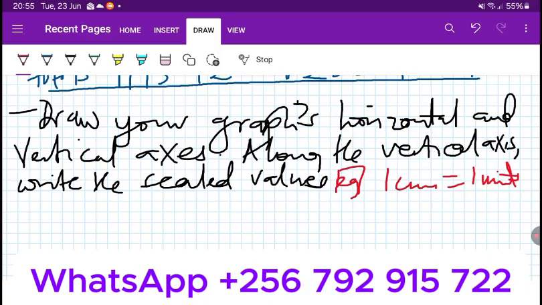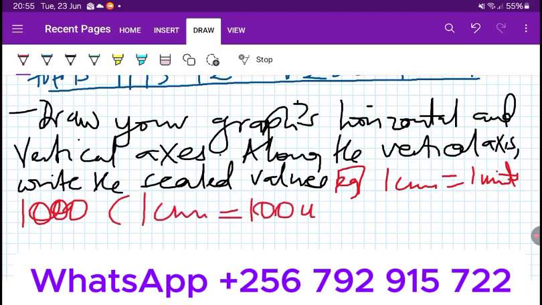But the moment you find that the numbers I'm dealing with are in thousands, then it is better to take a scale of 1 centimeter to represent 100 units, because you are not going to get 1,000 centimeters if you just use 1 centimeter to represent 1 unit.